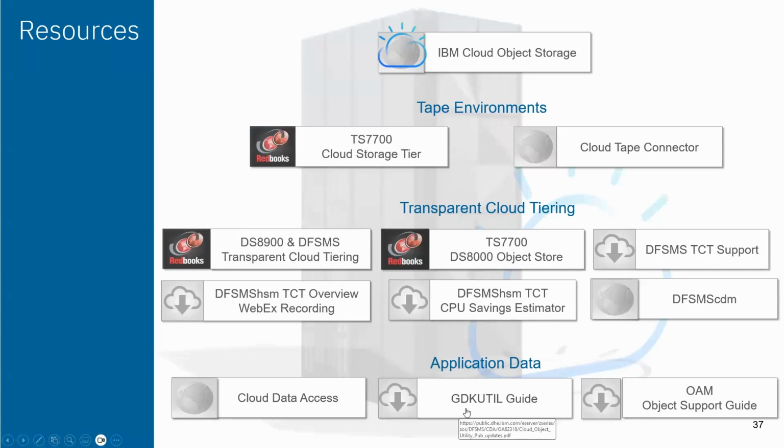And for GDK-util, go start experimenting today. You may have some extra time to see what this can do and what you can introduce into your environment. The TCT CPU savings estimator also has a hot link here. If you're interested in our new product, Cloud Data Manager, there's the hot link there.